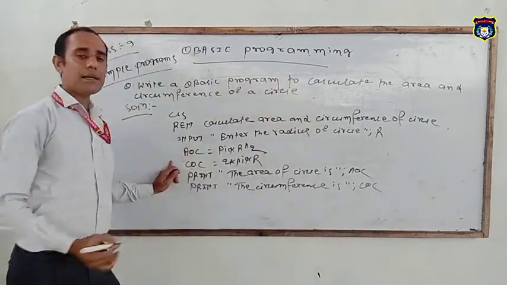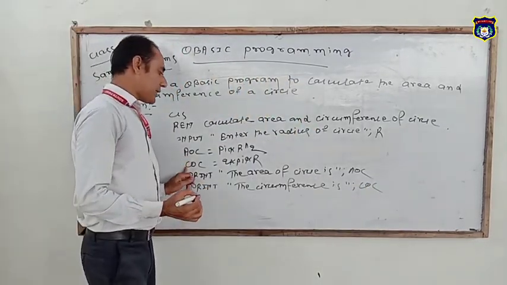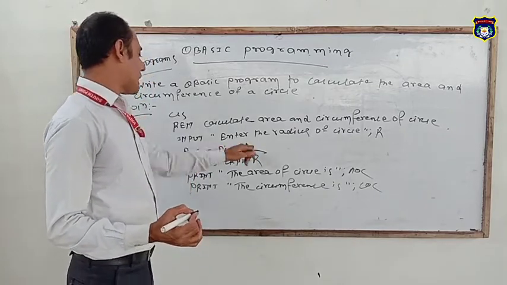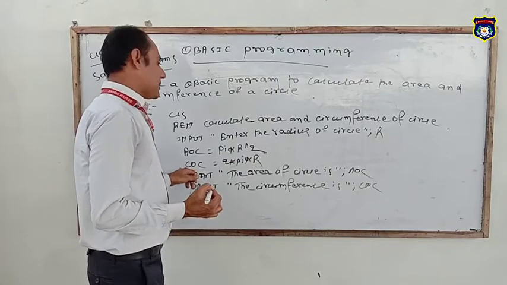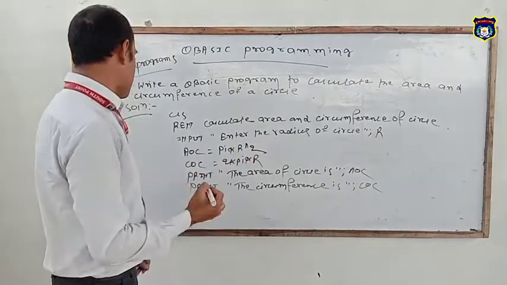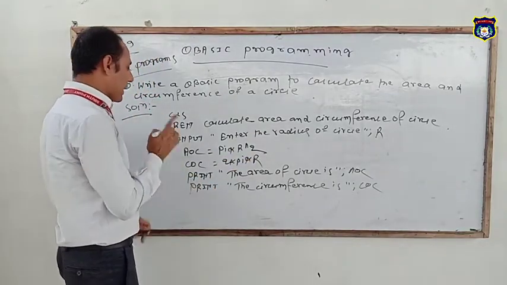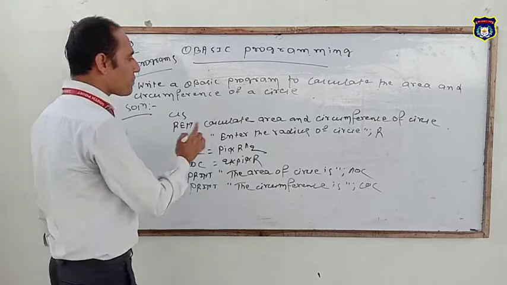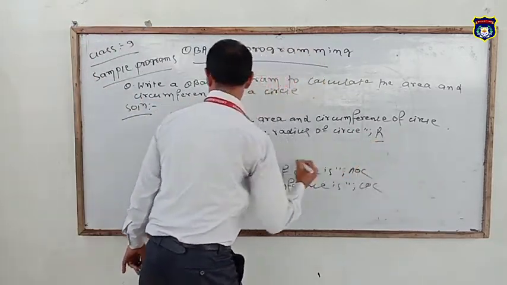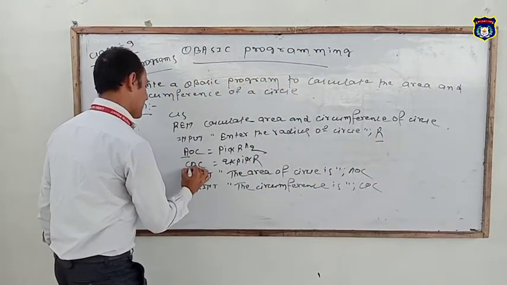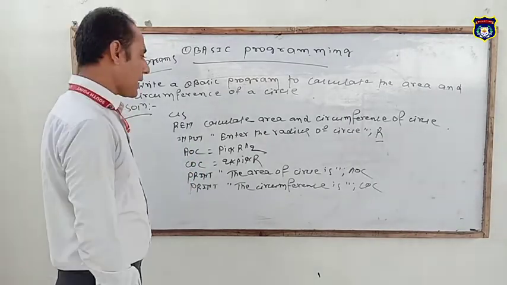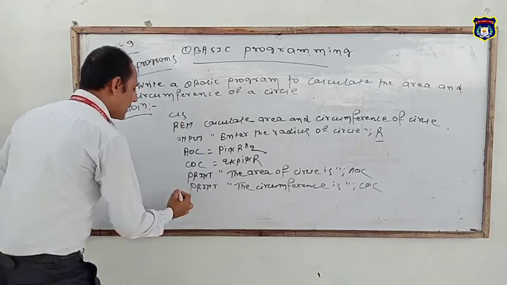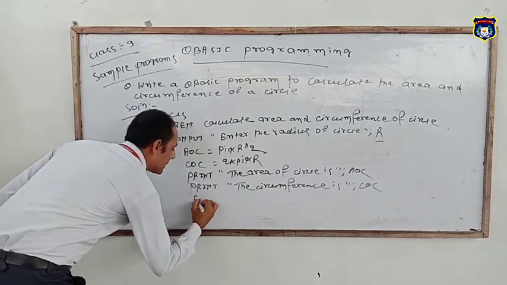These are two variables, single precision. The AOC variable stores the value of the area of the circle, and the COC variable stores the circumference of the circle. How many variables are stored? Number R is single precision too. These are the default variables of the QBasic program. And finally, we terminate with the END statement.